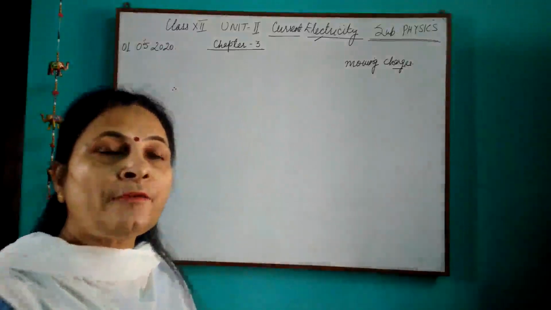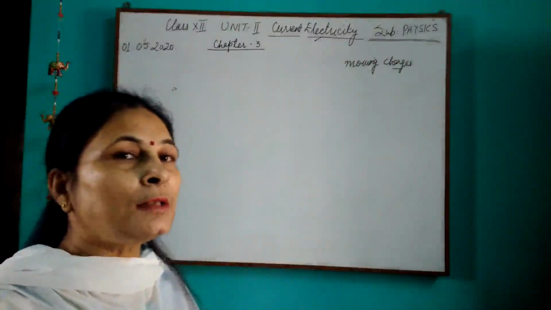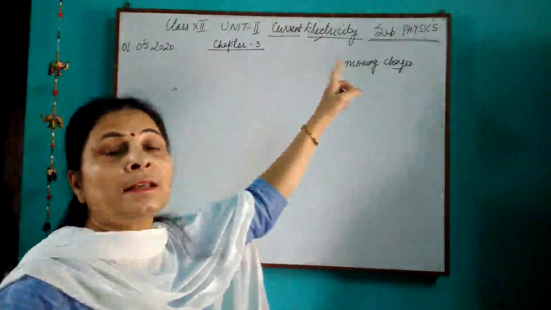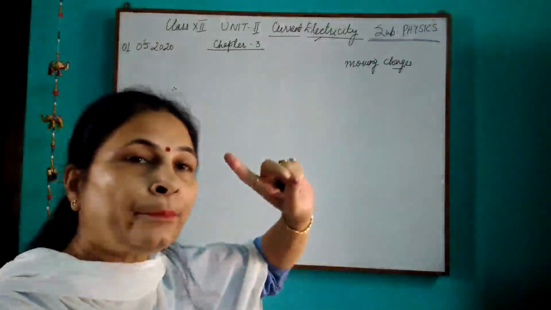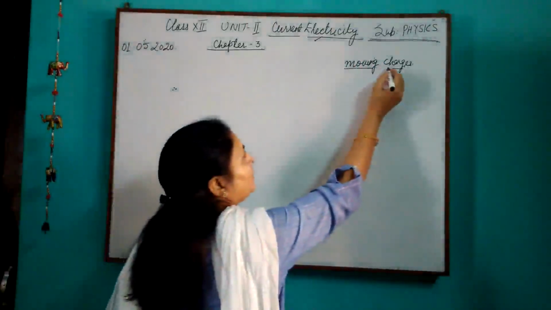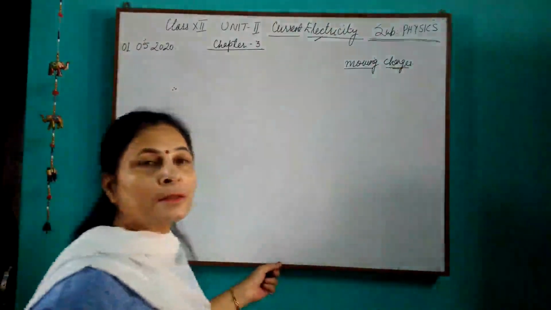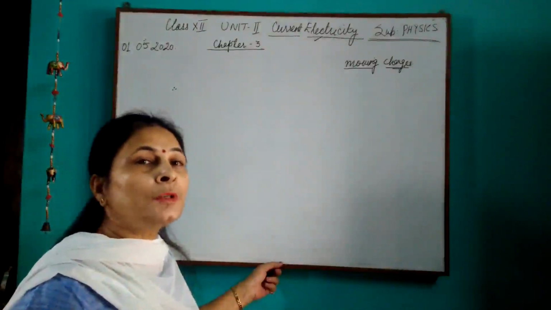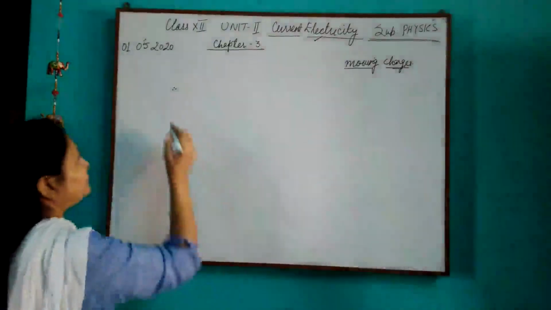If the electric effects are shown by charges when they are at rest, that is known as static electricity, which we have already done. So now we are going to deal with moving charges. And as you all know, moving charges constitute current.